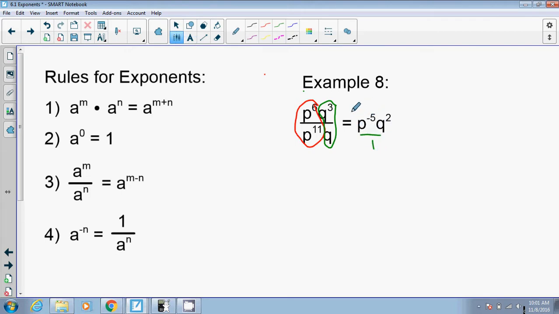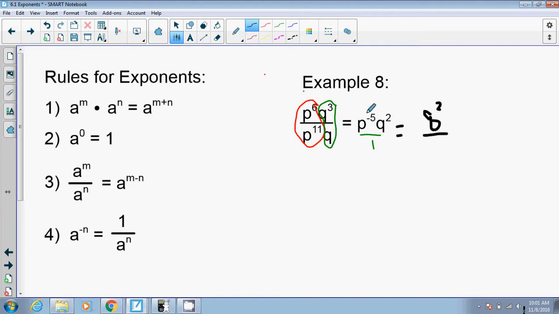So I'm just moving the p to the negative 5th. So in my numerator, q squared will stay because the q has a positive exponent. So q squared stays in the top.